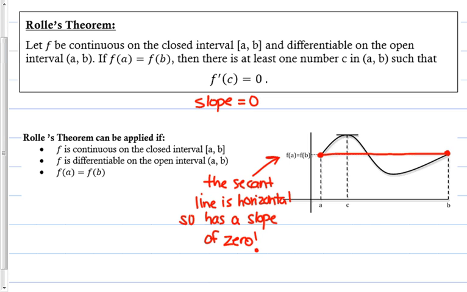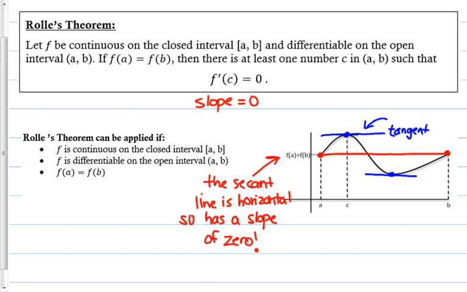And since it has a slope of 0, Rolle's theorem is just guaranteeing that somewhere else between a and b, the graph will have a slope of 0. And in the picture, c is right here, so this would be my tangent. So my tangent line is also horizontal. And actually, if I wanted to, there's another one down here, right? And they're parallel, of course.